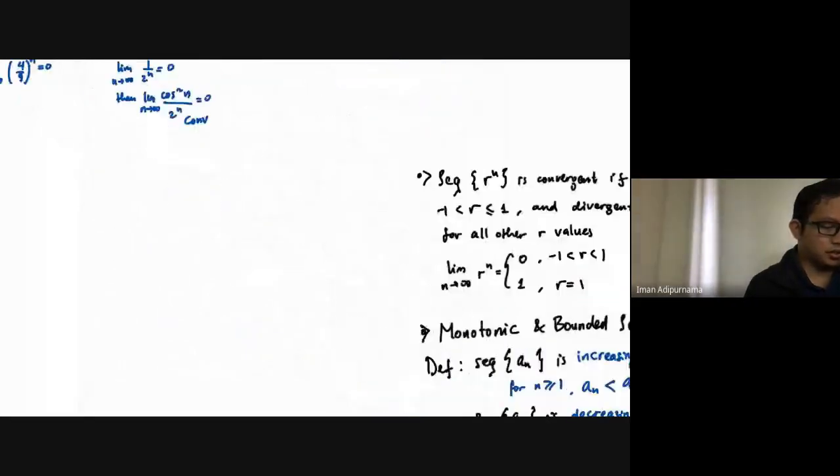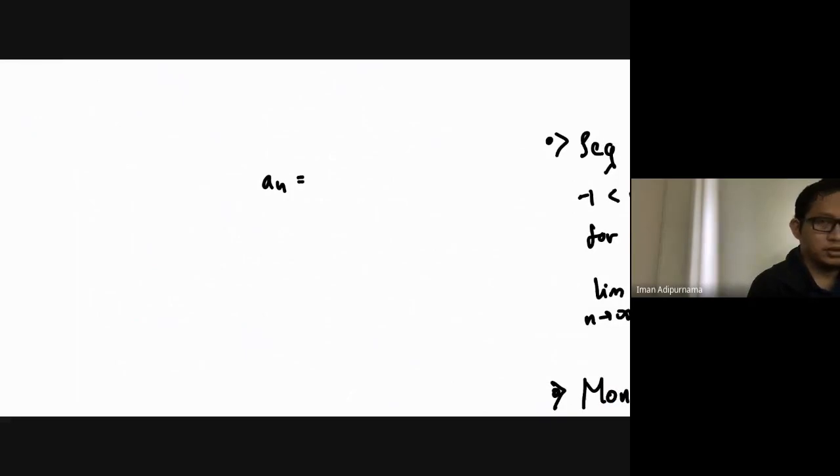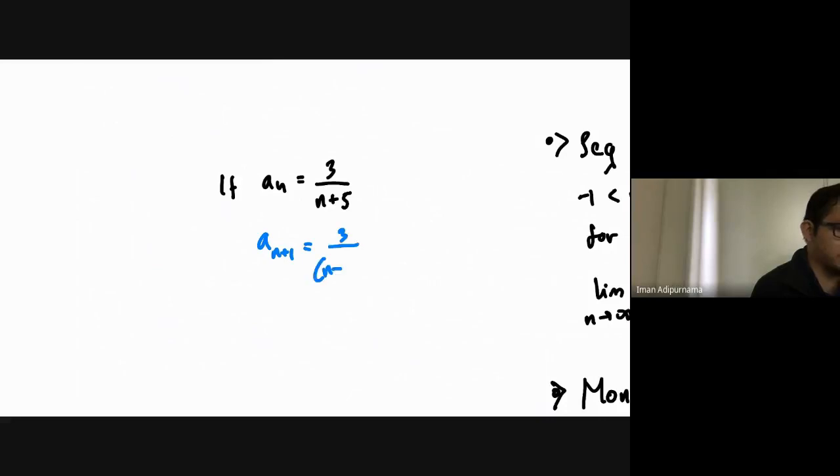So for example, let's say just an easy sequence. If a_n is 3 over n plus 5, then a_(n+1) will be 3 over n plus 6.